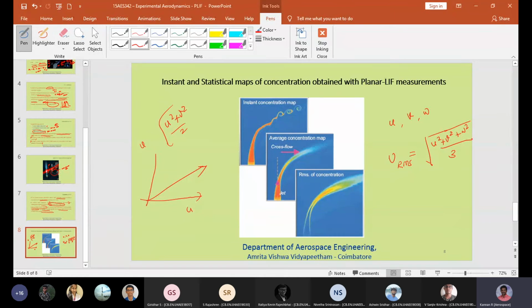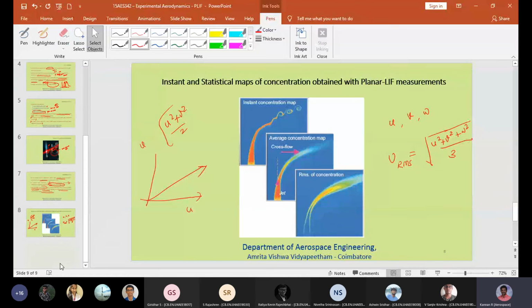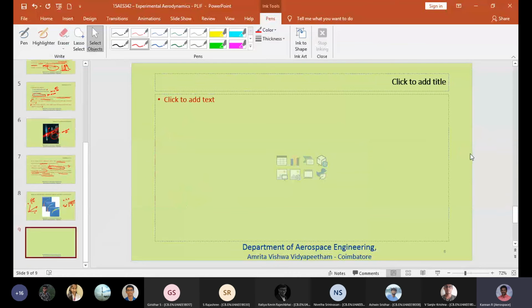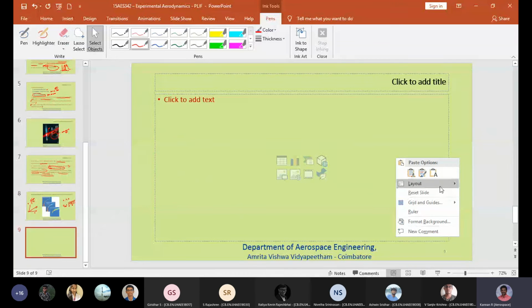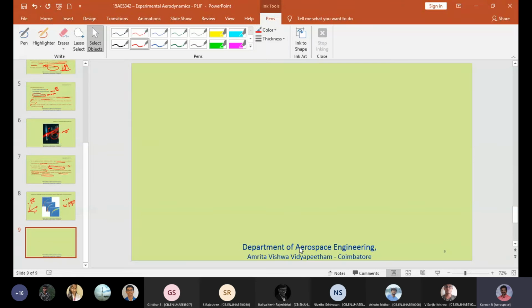Another thing I would like to add here. Last class, while dealing with pressure sensitive paints, I mentioned a dye.